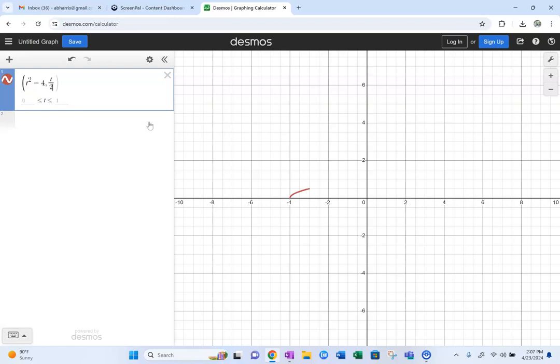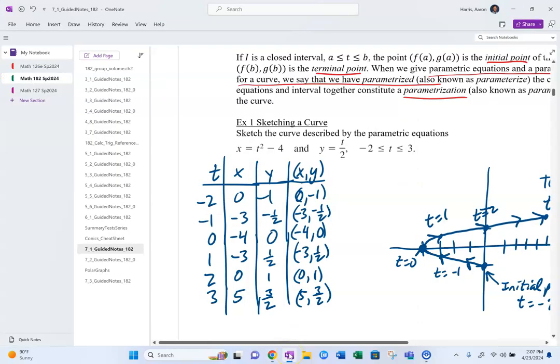So x was t squared minus 4, y was t over 2, and then t went from negative 2 up until a t value of 3. And you can see your plane curve there. So that's how you graph them with the calculator's help, of course, to check your work.